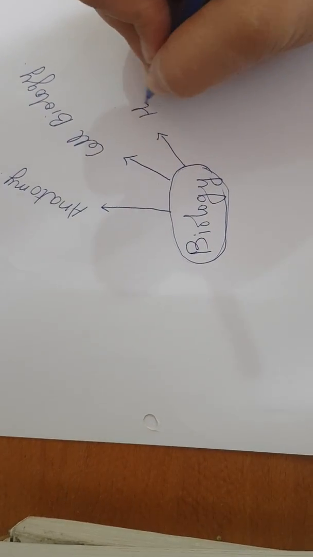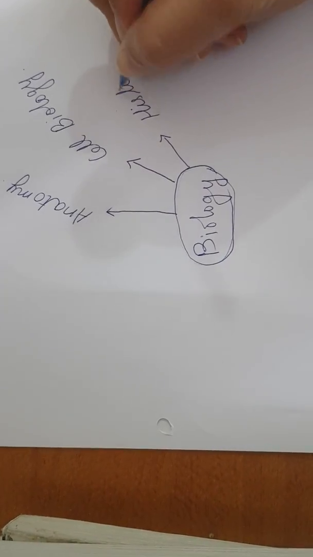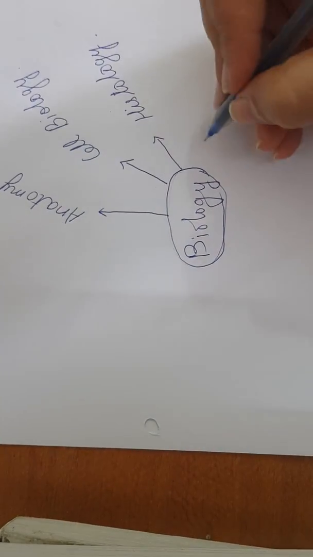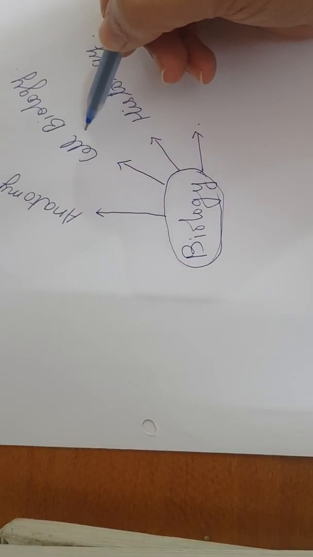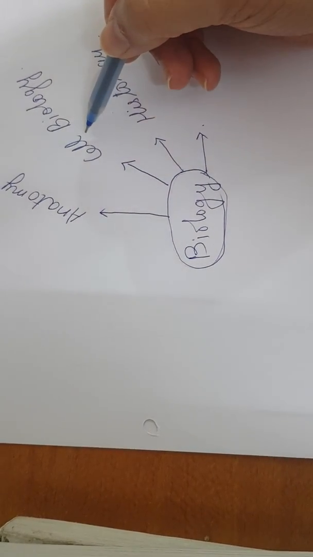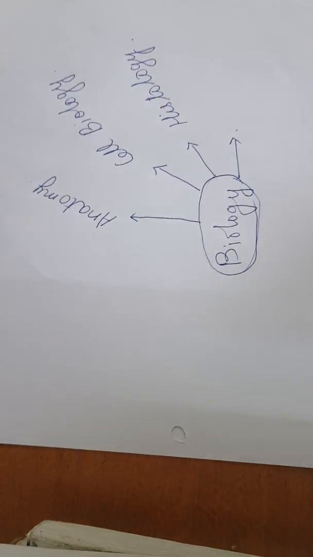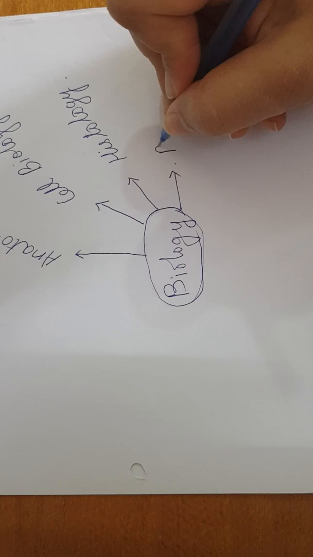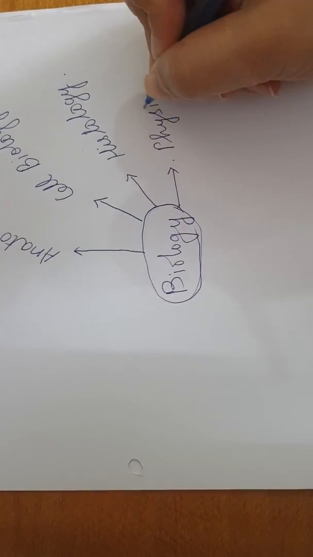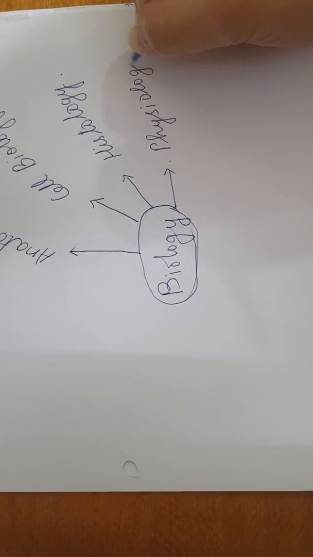Then we have histology. Histology is study of tissues. You have learned that different types of cells combine together to form tissues, and histology is nothing but study of tissues. Then we have physiology.